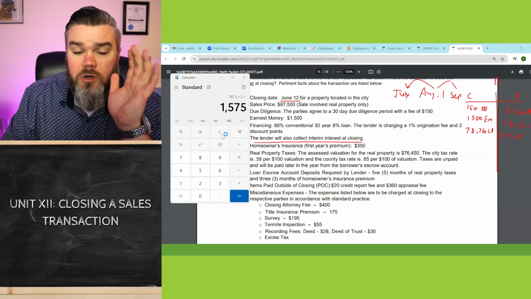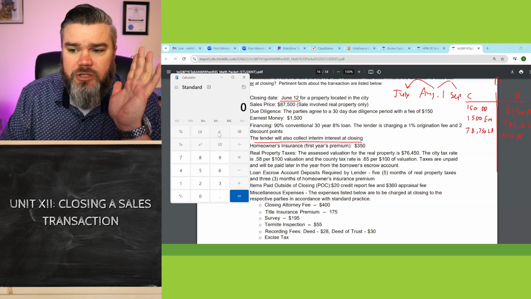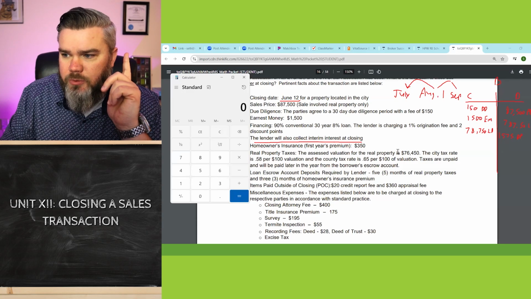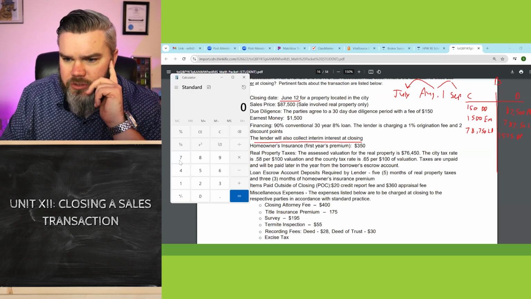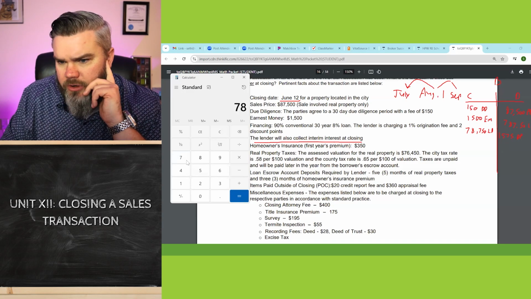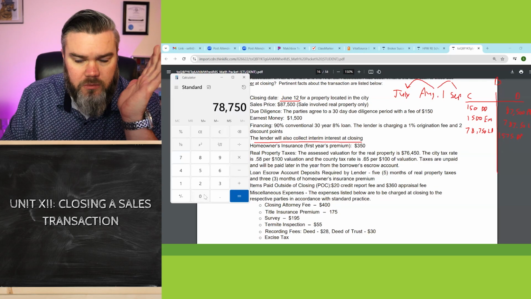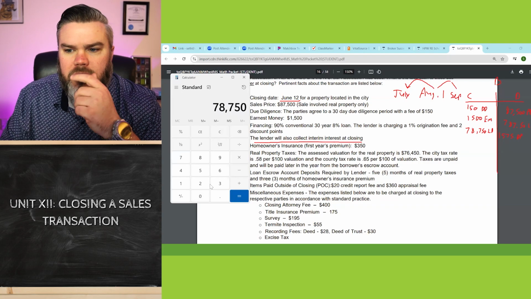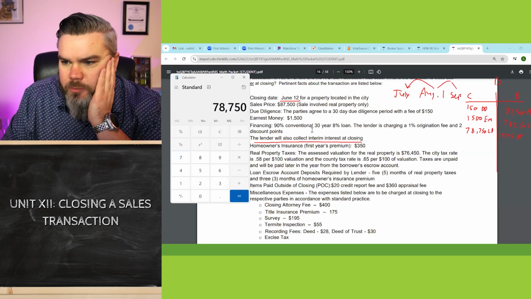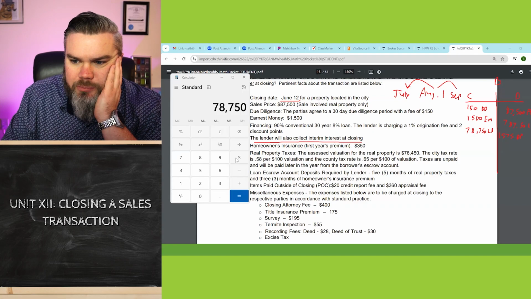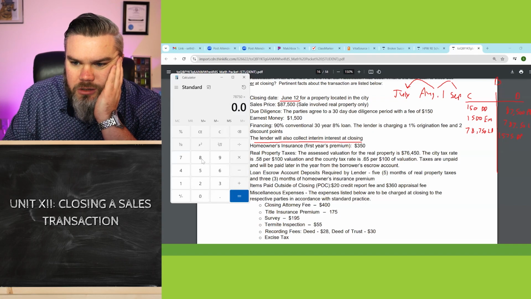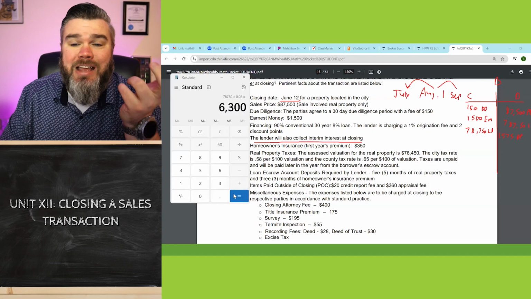You would take, just like we were just doing with amortization math, your principal balance, which is your $78,750. That's your loan amount. Okay, they can't charge you interest on money you didn't borrow. Then you're going to multiply it by your interest rate of 8%. But that's annual interest.